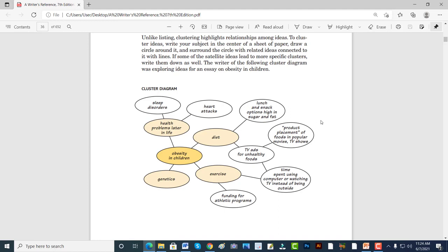From obesity in children, you will think about diet, which is responsible for obesity, and health problems later in life. If you are obese, definitely you will face problems, exercise, heart attack, sleep disorder, both negative and positive, everything is related to obesity. So how can you reduce obesity? In this clustering program, first you think about the ideas, jot them down, then elaborate the ideas in your essay. That is called a clustering diagram.